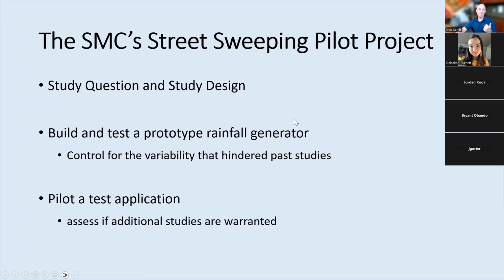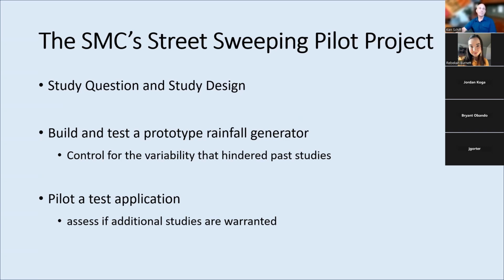I'm first going to talk about the questions they're trying to answer and the study design that they're using to answer it. I want to talk about our prototype rainfall generator. So turns out that you just can't go to Grainger and buy one of these things. And then I want to talk about our application of the prototype rainfall generator.